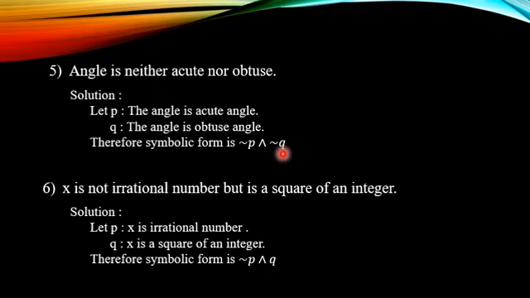So there are two logical connectives, not and but. Our symbolic form is this one, read as negation P and Q. P denotes X is irrational number, so negation P denotes X is not irrational number.